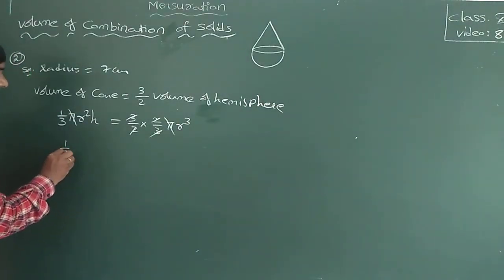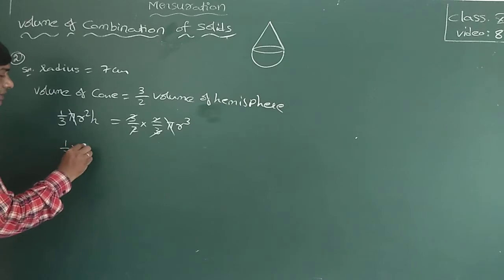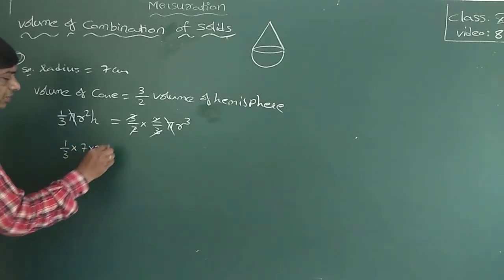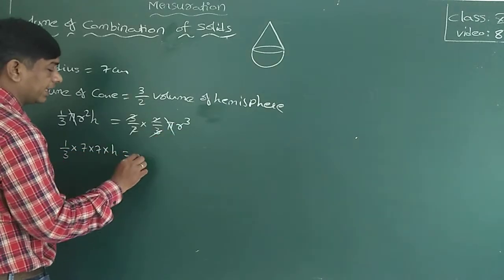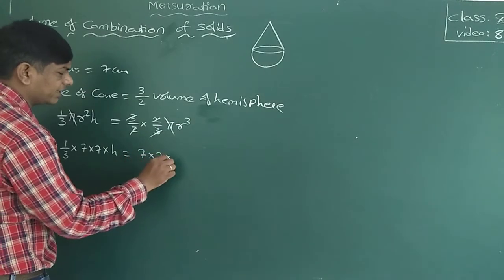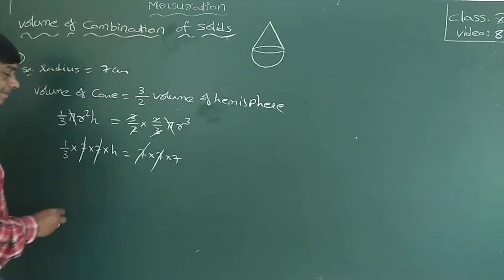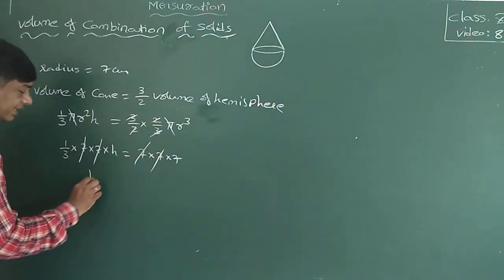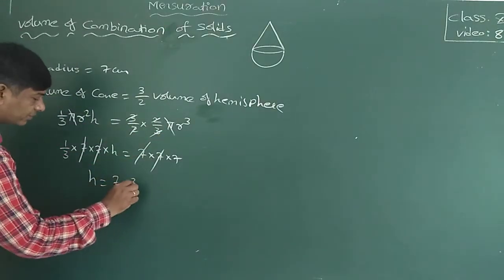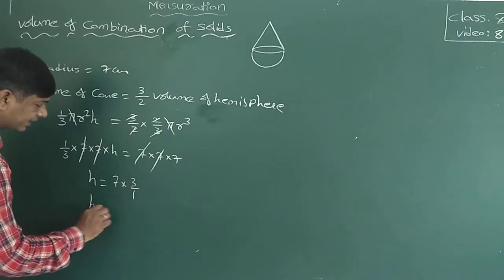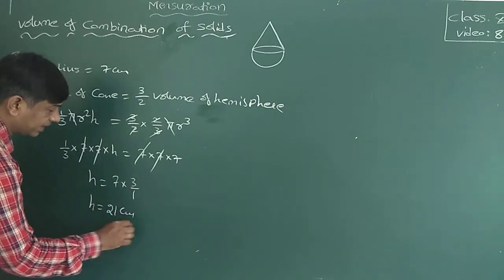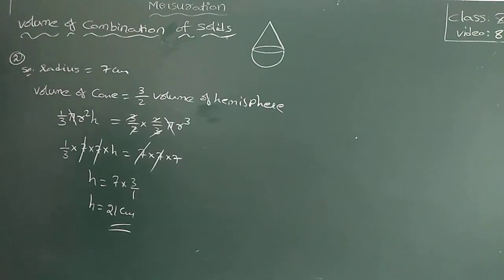Now 1 by 3 into 7 into h is equal to 7 into 7. This 7 cancels. Now take 1 by 3 to this side: h is equal to 7 into 3 by 1. h is equal to 21 centimeters.